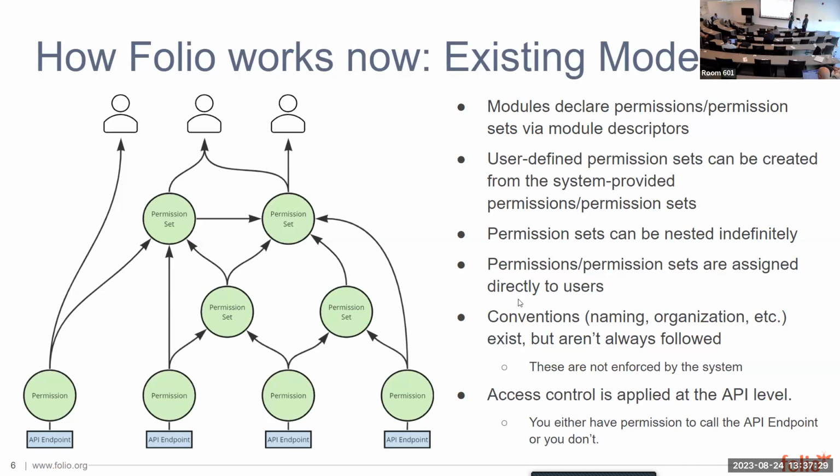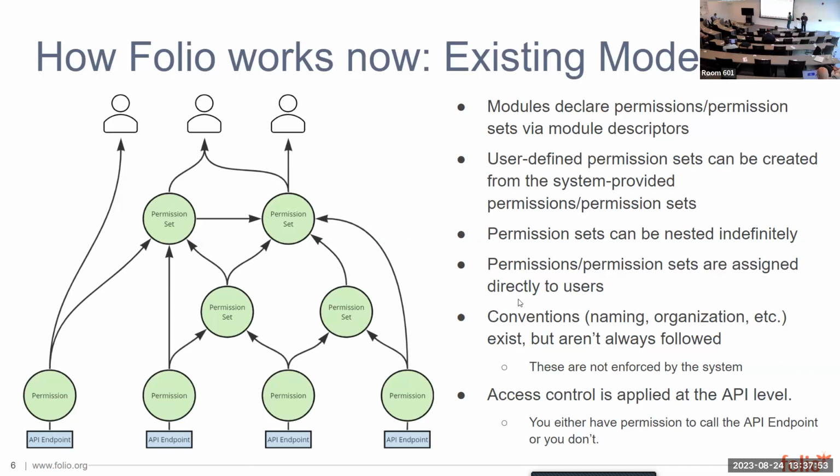There are naming conventions that are loosely followed. That can be problematic in some cases where it's not consistent. Some permissions use verbs like get, and others use verbs like view. That makes it tricky to parse these permission set names and figure out exactly what's going on.